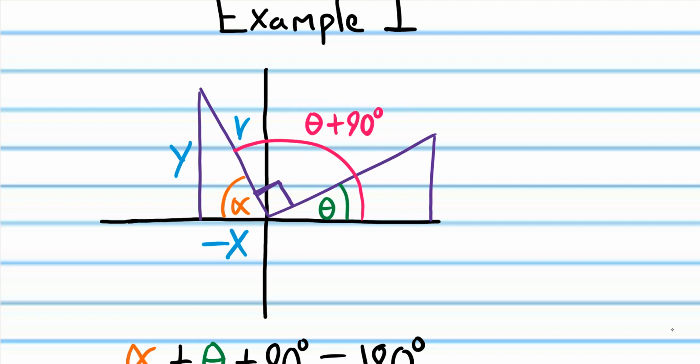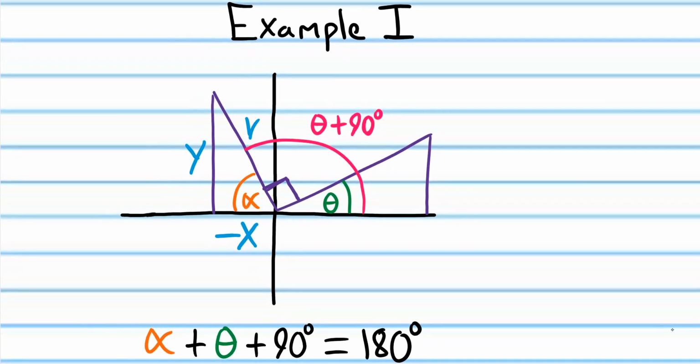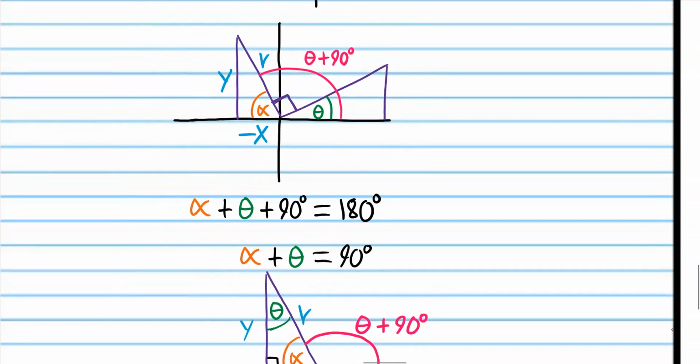What we're trying to do is come up with formulas that relate the trigonometric functions for these two angles, theta and theta plus 90. But alpha is the reference angle for the theta plus 90 angle measure. Now, because alpha and theta are complementary, you can come up with all kinds of interesting equations.